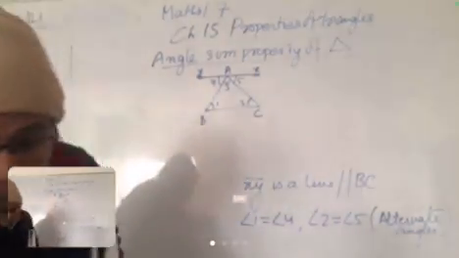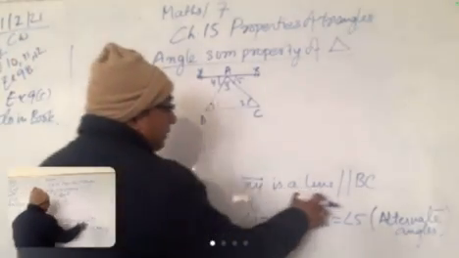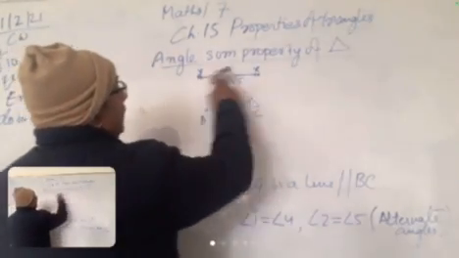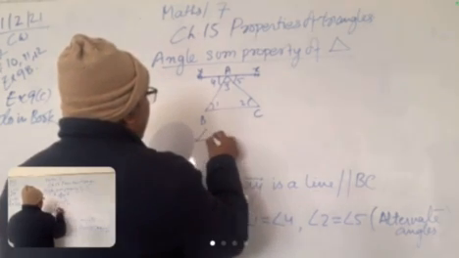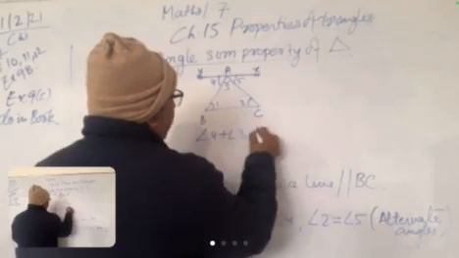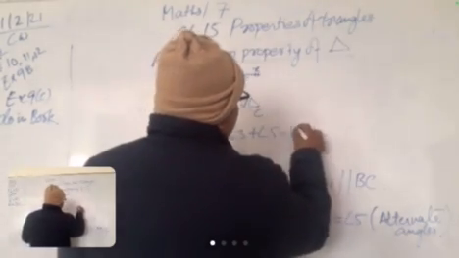Now see, XY is a line. If it is a line, now angle 4 plus angle 3 plus angle 5 is equal to 180 degree.